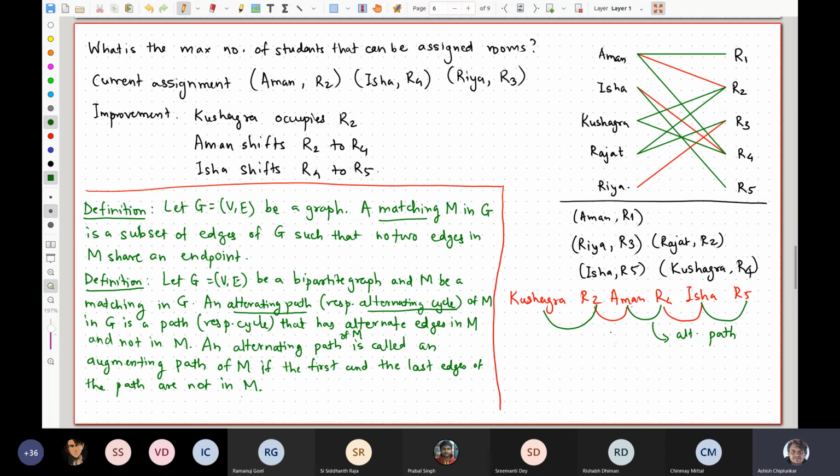It's an alternating path, which means the edges are alternately in M, out of M, in M, out of M, and so on. But more importantly, the first edge and the last edge are not in M, which means that every augmenting path has odd length.